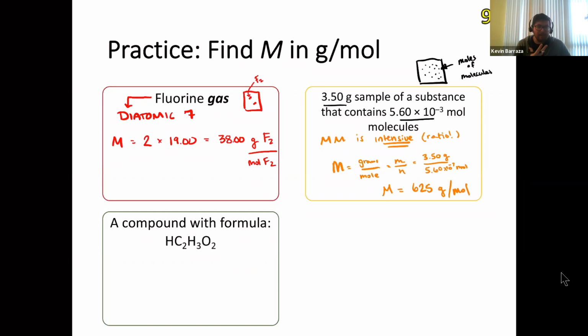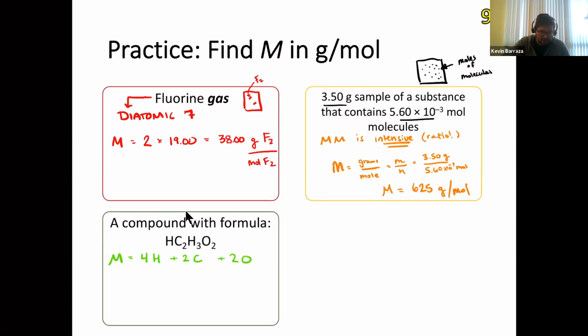Again, a molar mass is the sum of the masses of all the atoms. Only this time there are more of them, and they are different elements. We have carbon, we have hydrogen, we have oxygen. But the molar mass is going to be a total of 4 hydrogen, 2 carbon, 2 oxygen. So we look up these numbers on the periodic table.